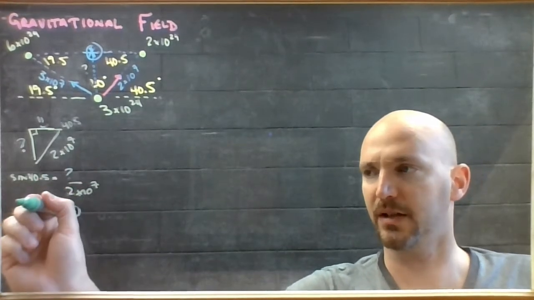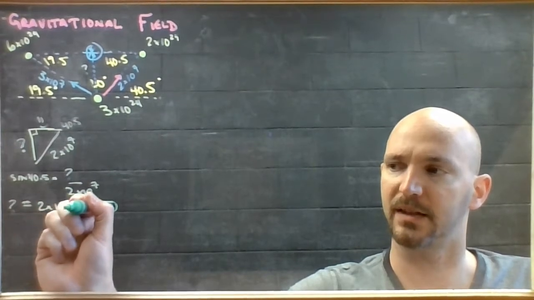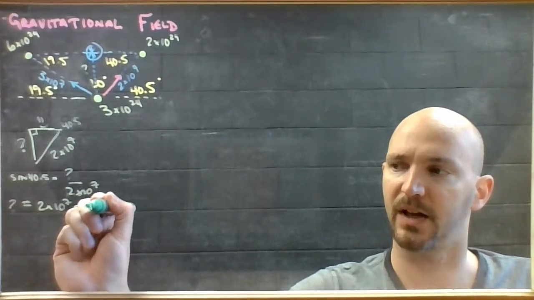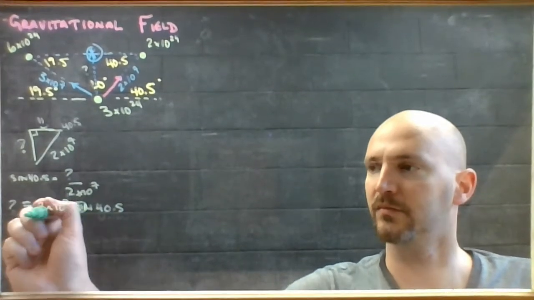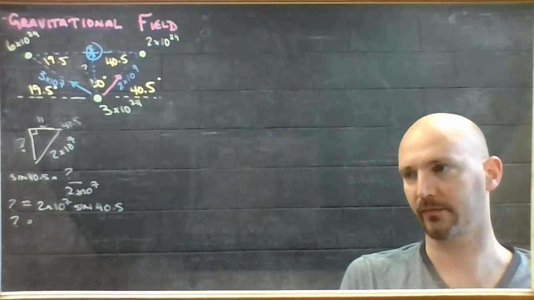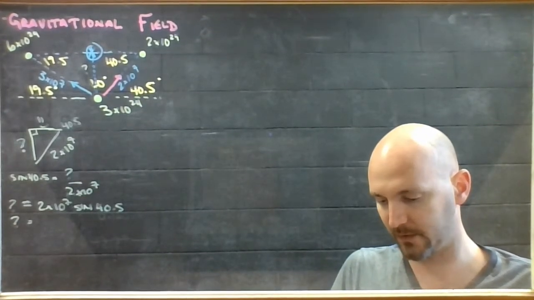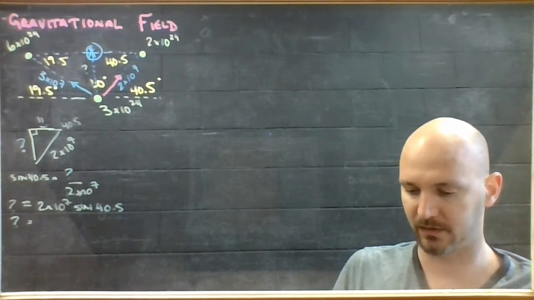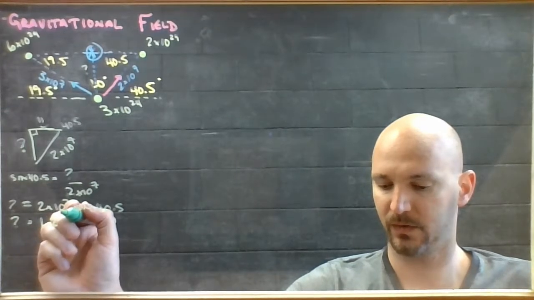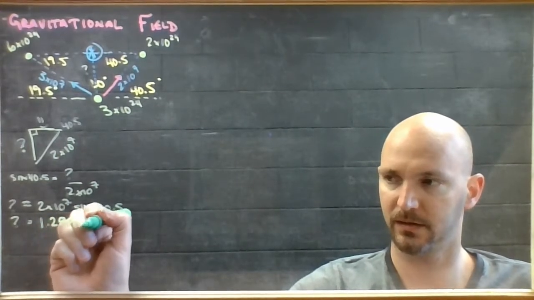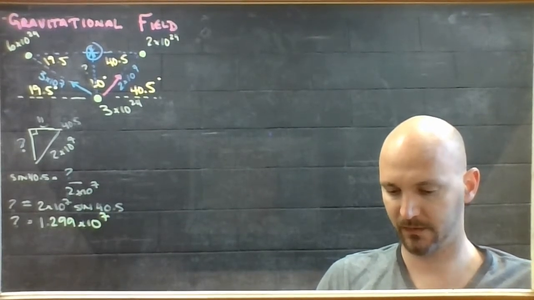So the question mark is 2 times 10 to the 7 sine 40.5. That gives me, goodness, 1.299 times 10 to the 7. 2, 3, 4, 5, 6. Yep.